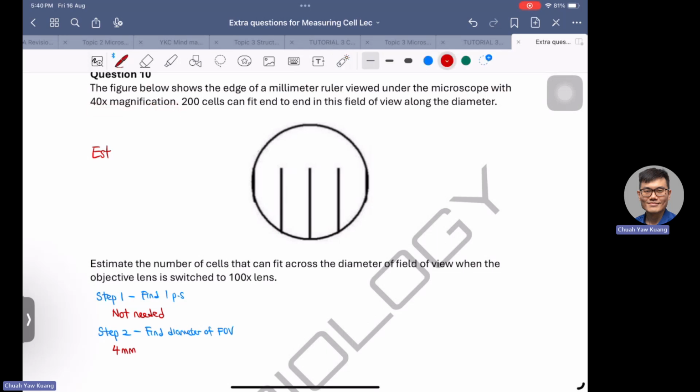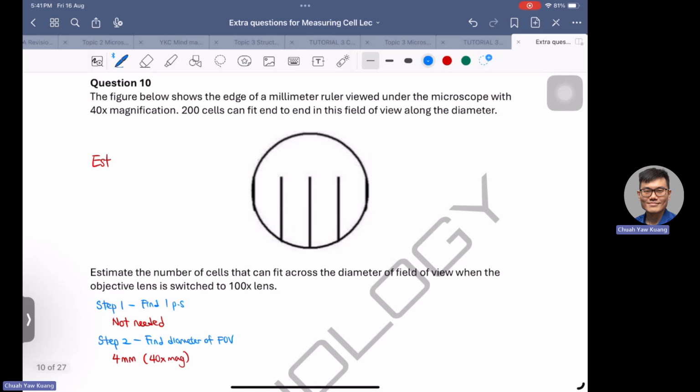Why do we need to state this? Because the FOV diameter will change. The actual diameter of the FOV will change according to the magnification. This one we will discuss further later in the concept part.